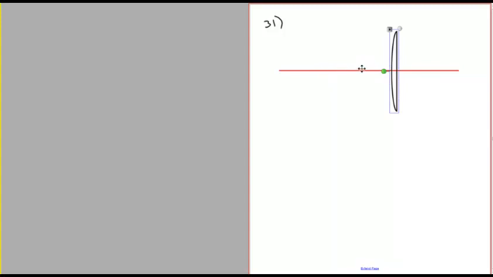The focal length is 10 centimeters, so I'm going to put my focal length on both sides. Locate the image for object distances of 20 centimeters, 10 centimeters, and 5 centimeters. We probably did it in class, but we'll do it again just in case you forgot.